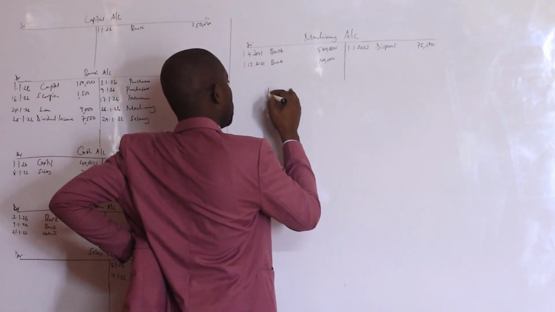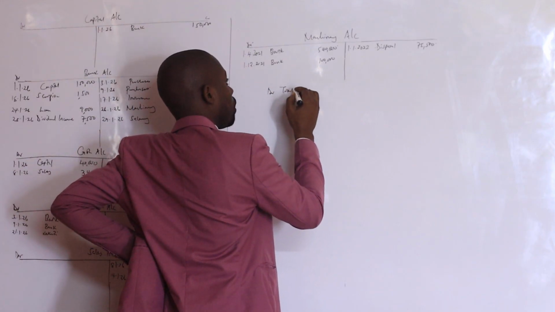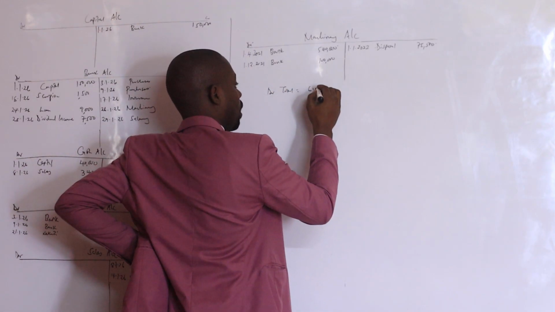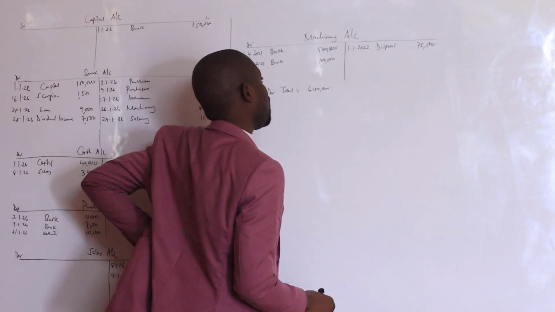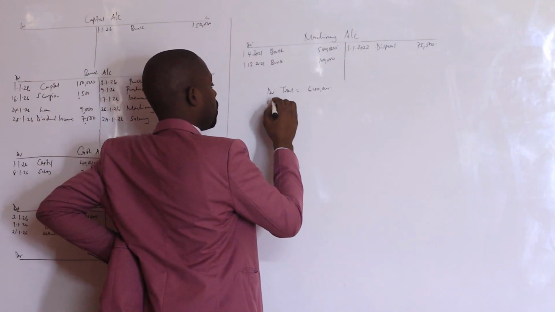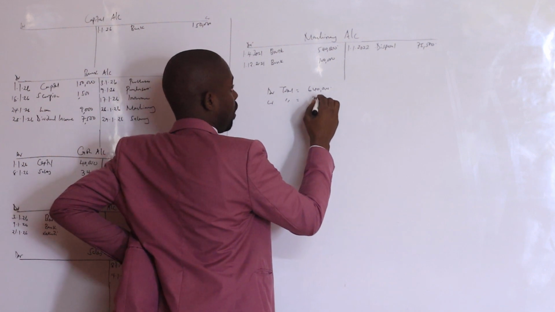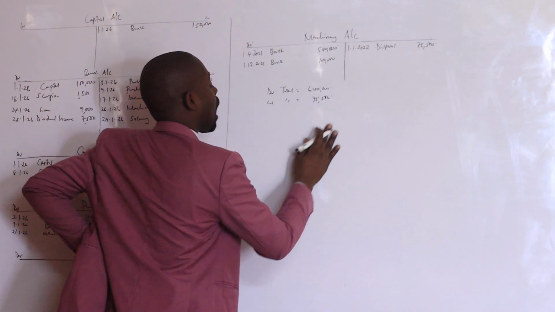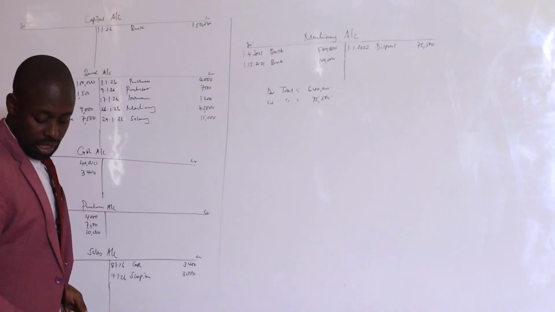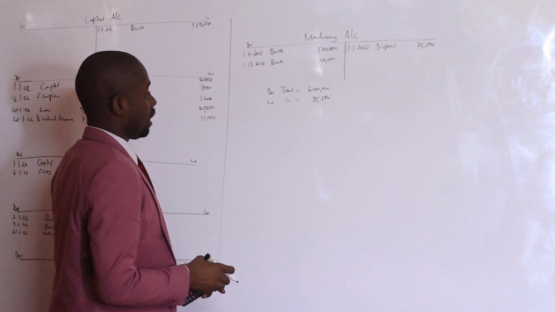So debit total is 640,000. Credit total is 75,500. After that, determine the difference in the two figures.